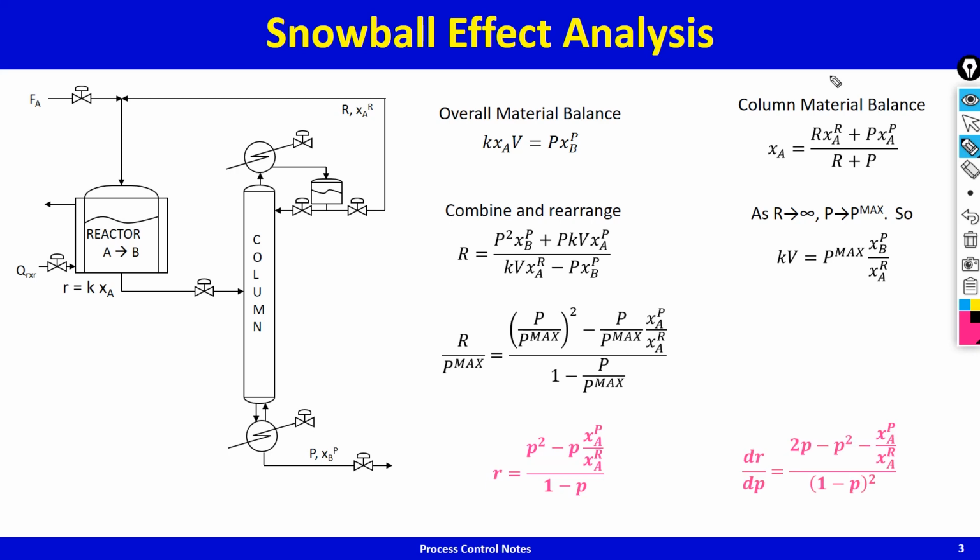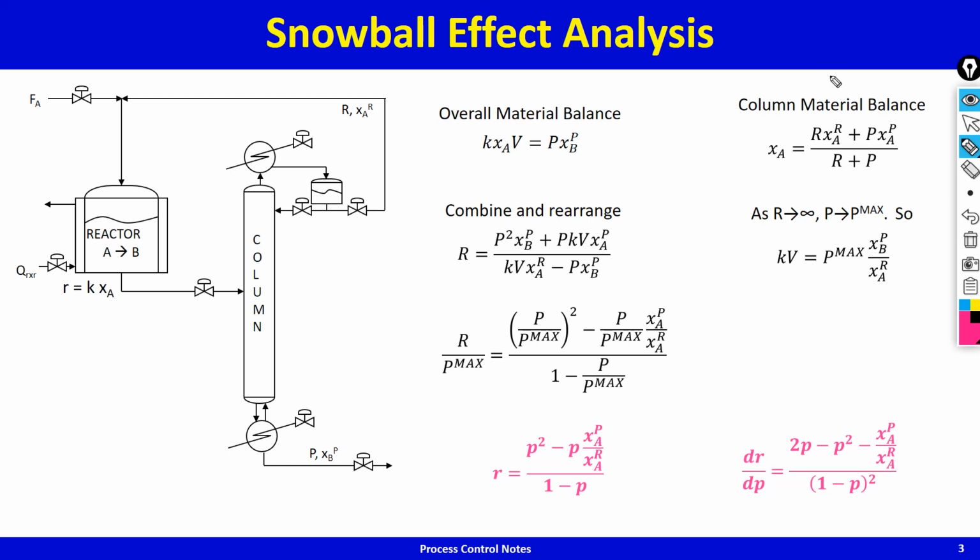And if you differentiate both sides and do the necessary algebra, we are also able to get the sensitivity of the recycle rate to production rate. So we get R and dr by dp.